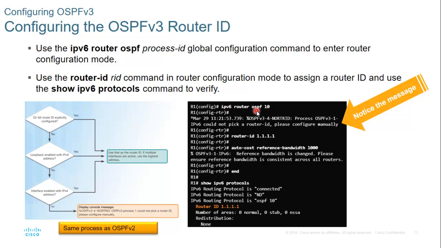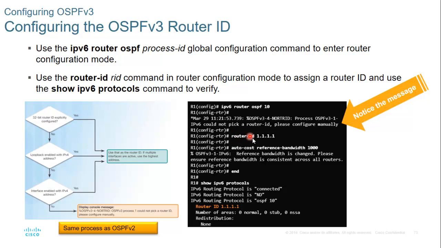Again, once you go in there, you get into the configuration mode. Notice the messages that the router tells you. There's the date, and then you have a process, OSPFv3, but you cannot pick a router ID. Please configure manually.